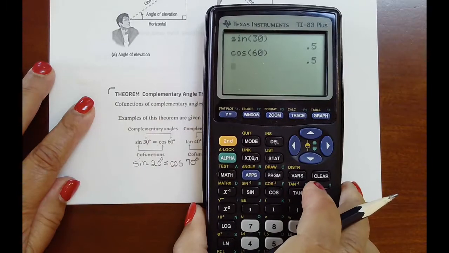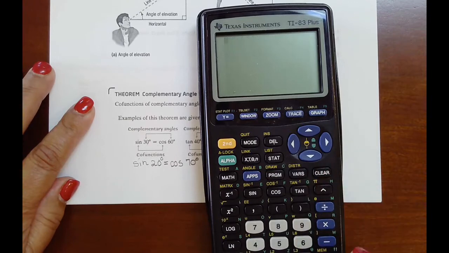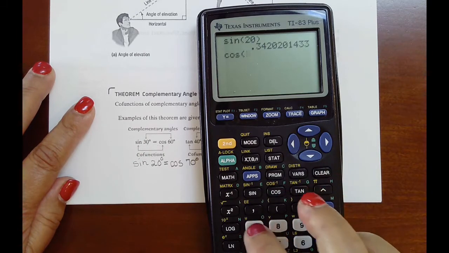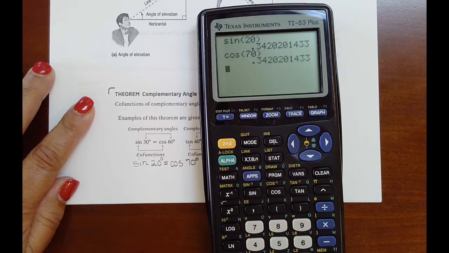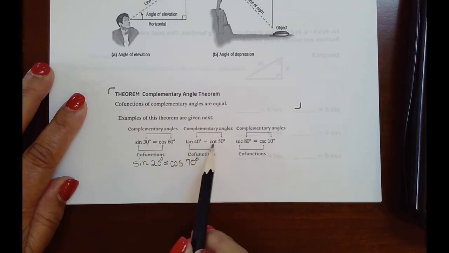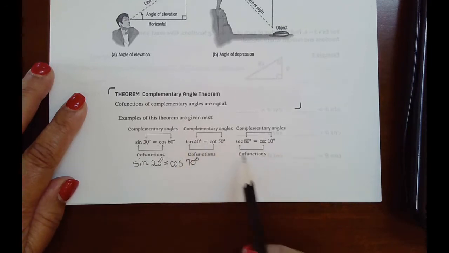If you put that in the calculator, you will see they are the same value: sine of 20, and cosine of 70. You see the same value. So all this is stating is you have to know the complementary partners and use complementary angles, and you will get the same value either way.